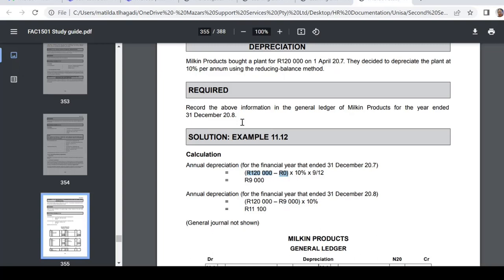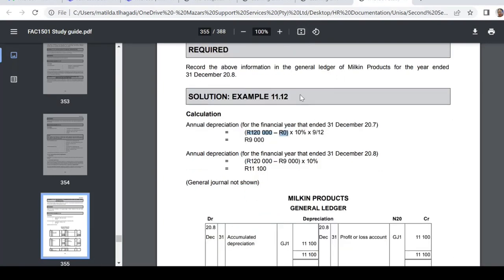It's cost price minus accumulated depreciation, multiplied by the rate. So in this case it is 120,000 minus 0 times 10% times 9 divided by 12 equals 9,000.